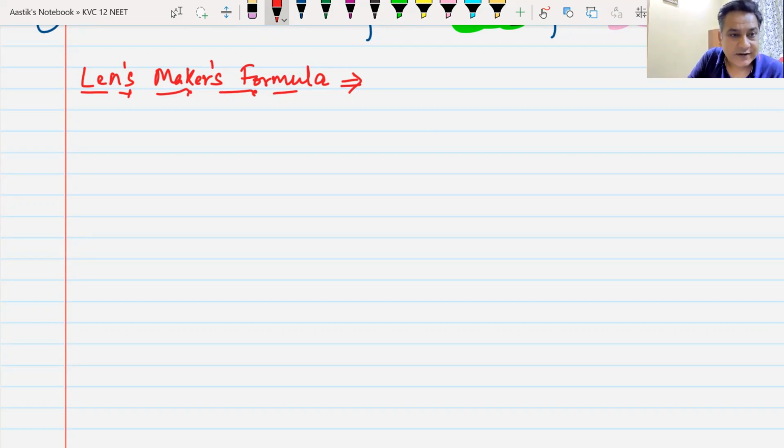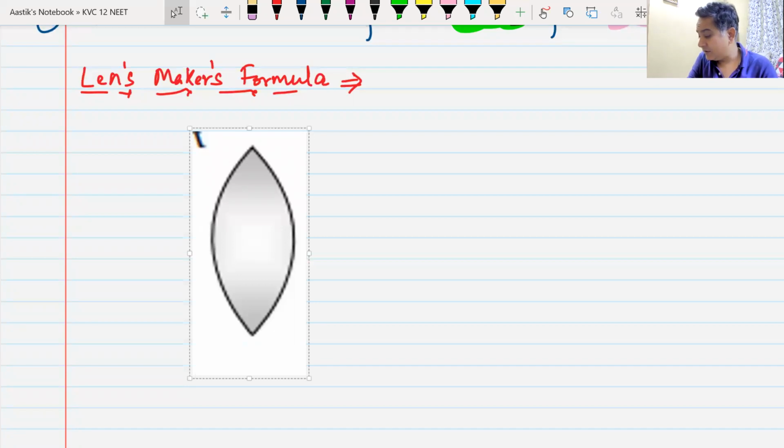If I have a lens, whatever type of lens I have, I'm just showing it to you as a convex lens. It could be a concave lens as well. It doesn't matter as long as it is a lens. One side would be curved.